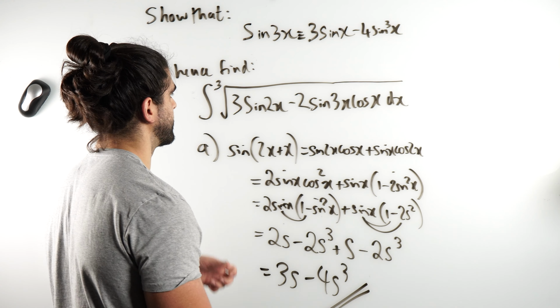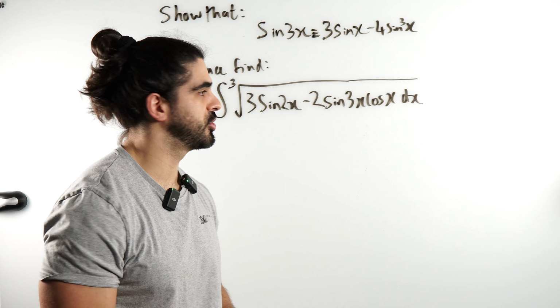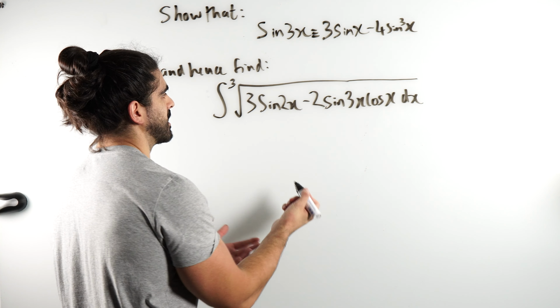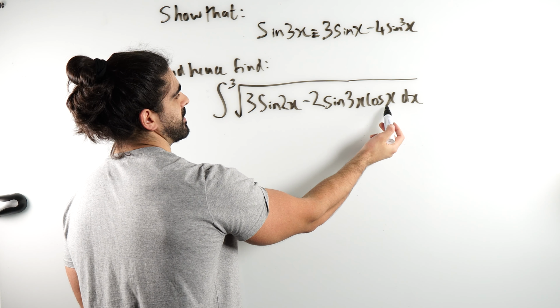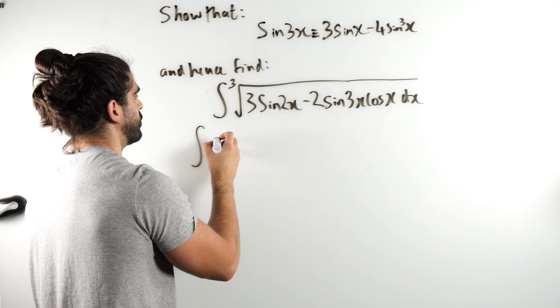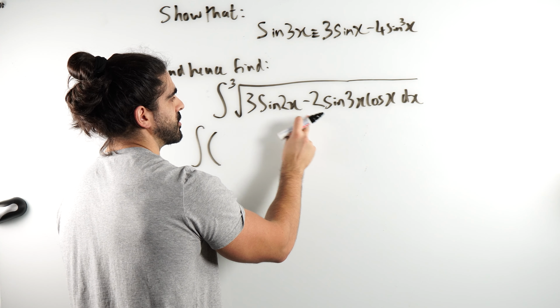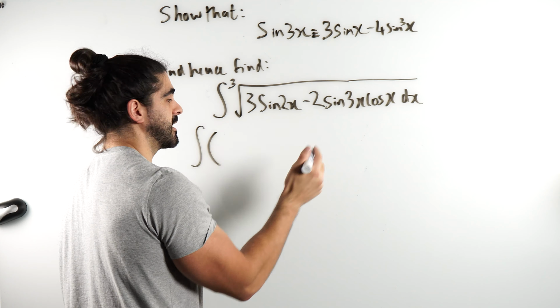Okay, let's take this and utilize it here. Part B, find the integral of this cube root function. All right, so naturally we're going to change everything so that it's in terms of x. We know this is from here. This we can easily do. So we get the integral of the cube root, I'm going to write as power a third. This is 2 sine cos. 2 sine cos times 3 is 6 sine cos.